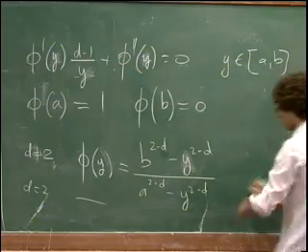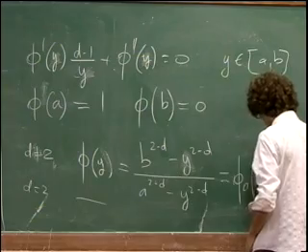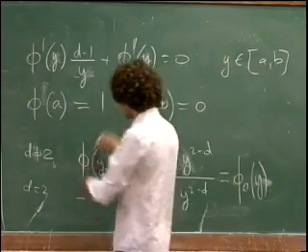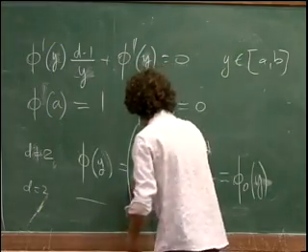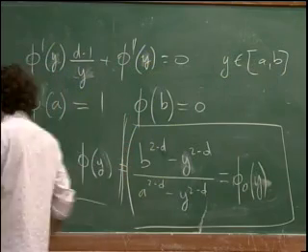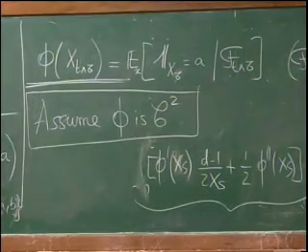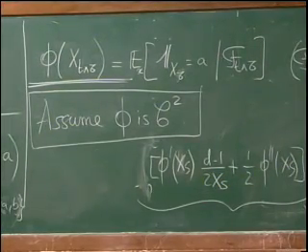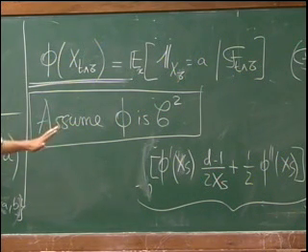I will call this phi_0 of y. All this part in between was completely in my head. I forget completely about it, and I just remember the value there. So I didn't assume anything, I just have a function.